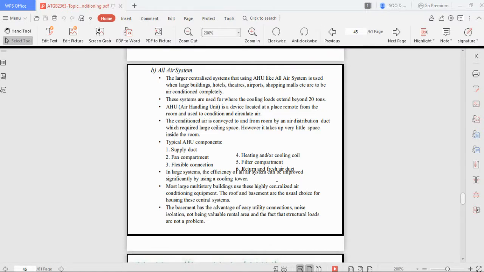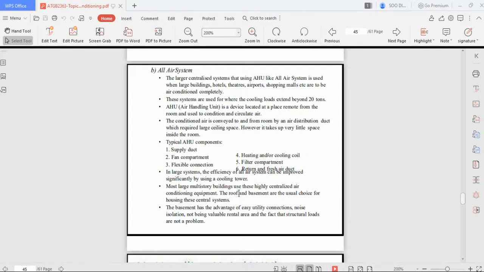Usually here it is stated that roof and basement are a choice, because in the basement you have the advantage of easy utility connection, noise isolation, and not valuable rental area, because people do not want to rent the area downstairs. And because it's at the bottom, if you put very heavy equipment on it, there will be no problem. But usually you want to put your all air system on the roof.